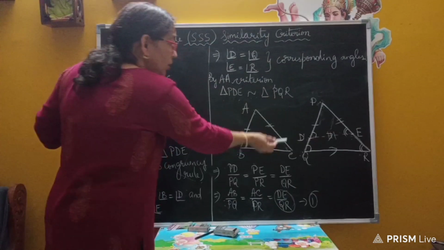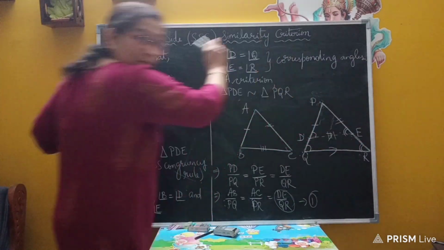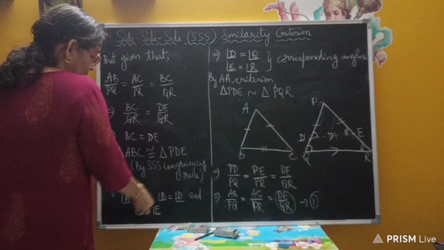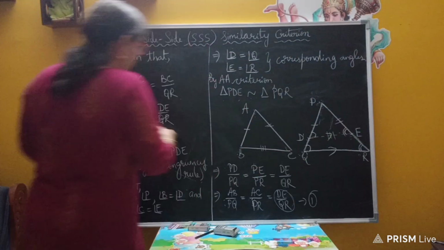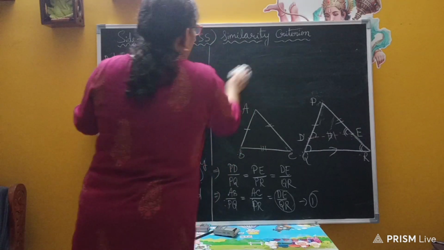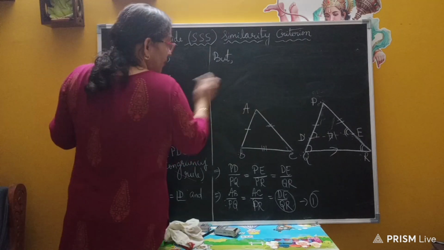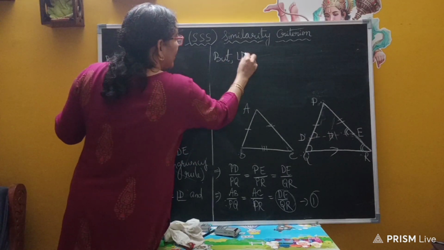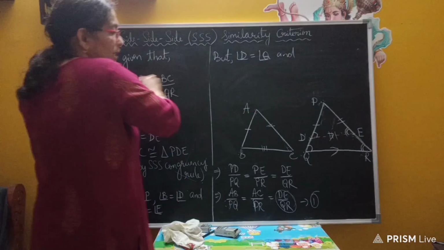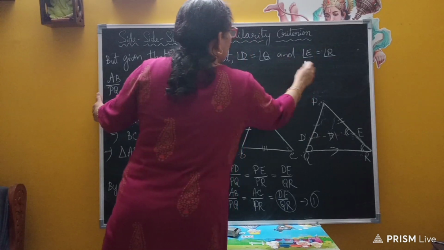C is equal to E, but E is equal to R. So B is also equal to Q, and C is also equal to R. We know that angle D is equal to angle Q and angle E is equal to angle R. We have proved.